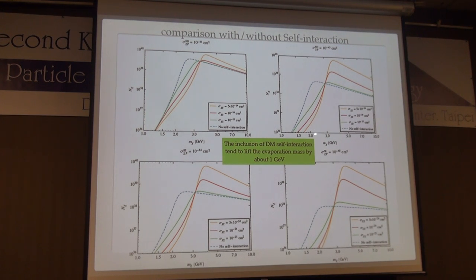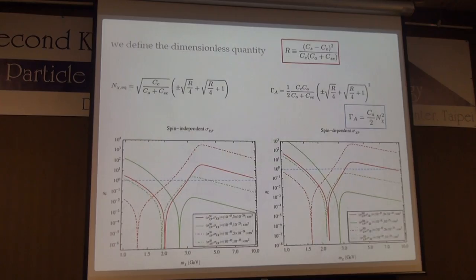And you can see that including the dark matter self-interactions, the evaporation mass is increasing, but the total number is also increasing. So you have the two effects. You can compare. It's a different parameter space, but that's the feature.